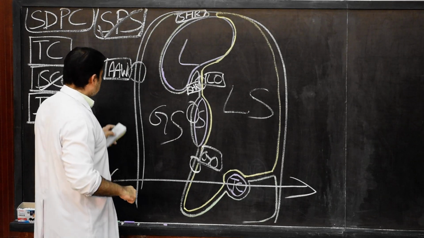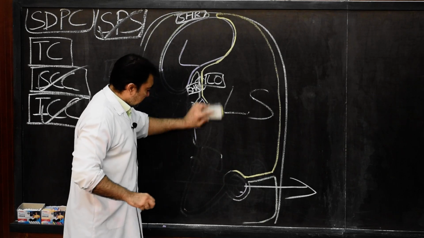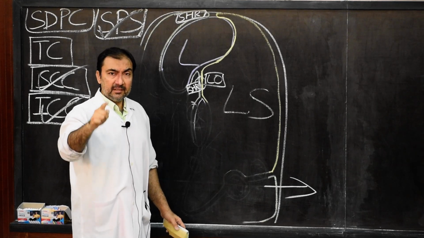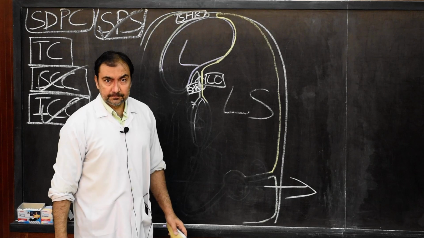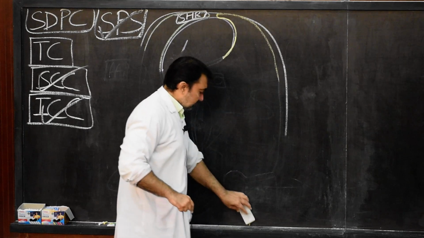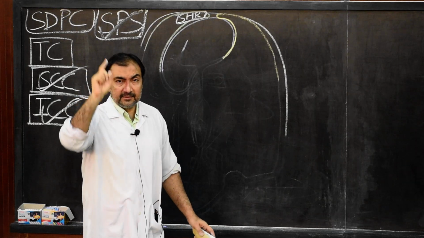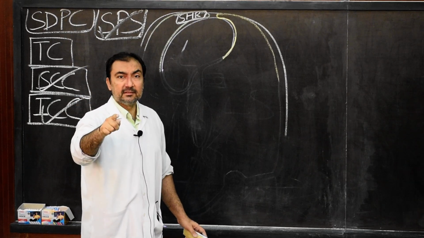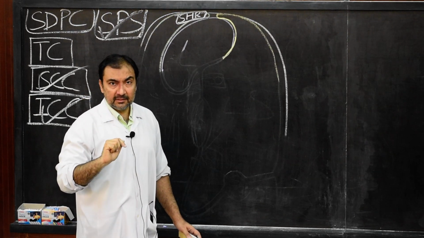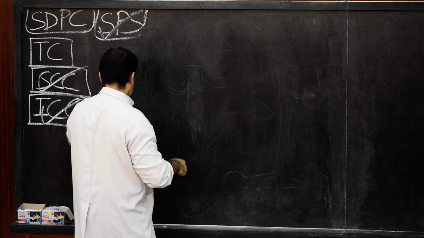In order to understand that, remember that the subphrenic spaces are divided in such a way that altogether there will be 6 recesses, 3 on the right side and 3 on the left side.